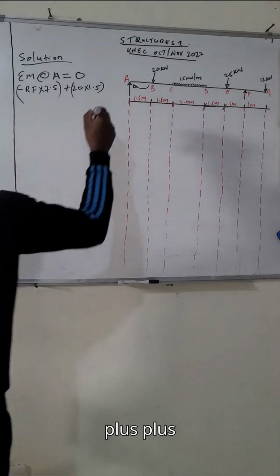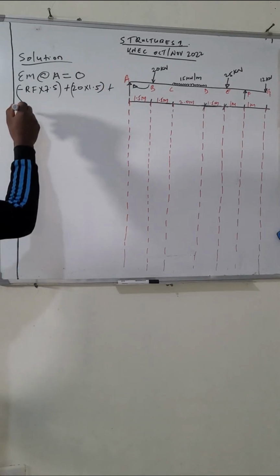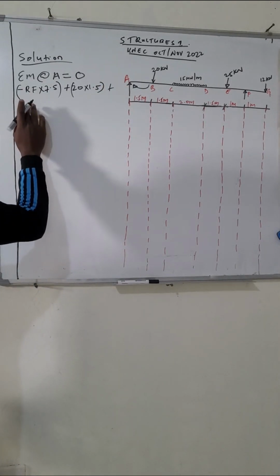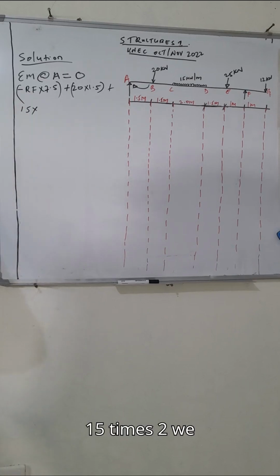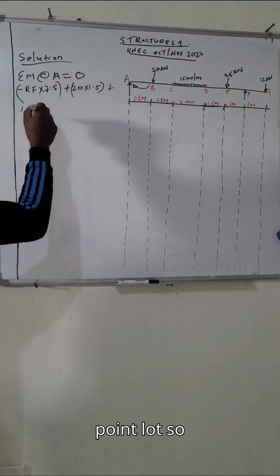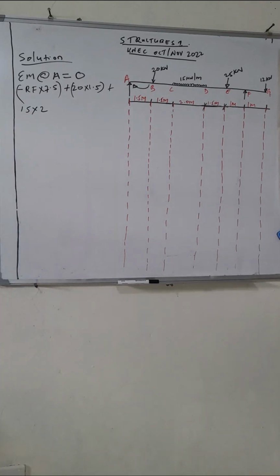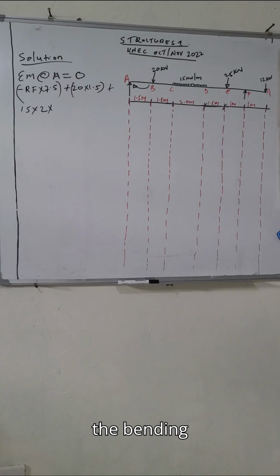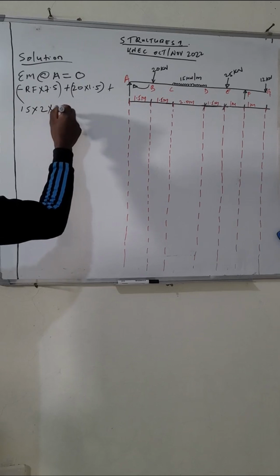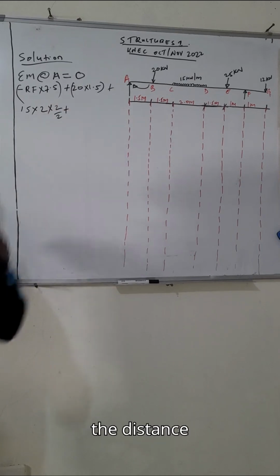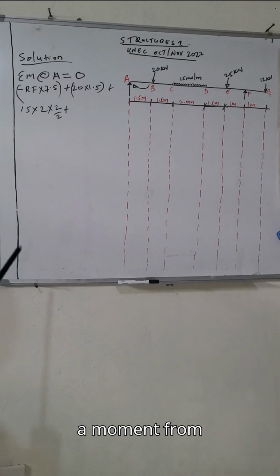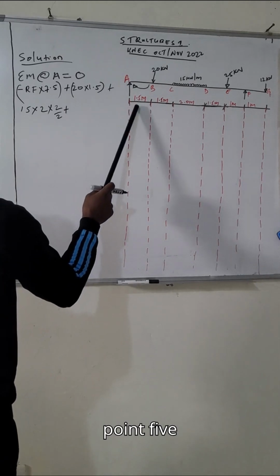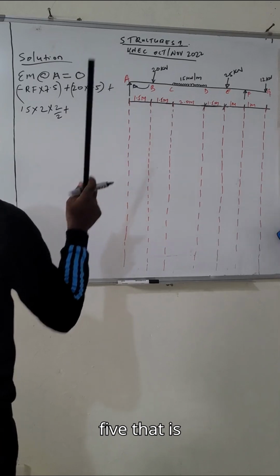So it will be plus 15 times 2, we are changing our UDL to a point load. Then times the lever arm, for a UDL it acts at the center, so that is 2 over 2 plus the distance from where we are taking moments, 1.5 plus 1.5, that is 3. So plus 3.